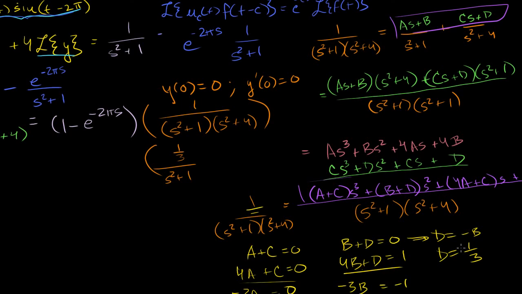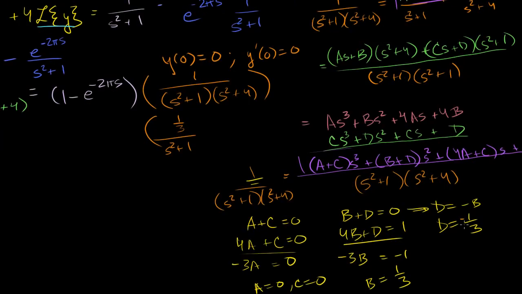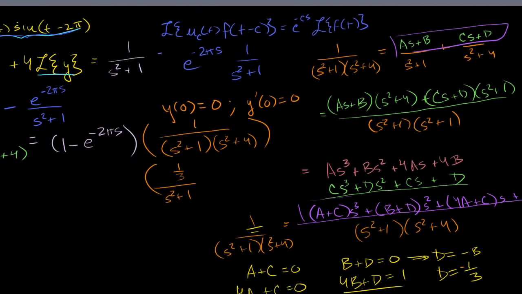So d is minus 1/3. Let me make sure I get that right. b is 1/3, so, sorry, b as in boy is 1/3. So d is minus 1/3. And then you have minus 1/3 over s squared plus 4.